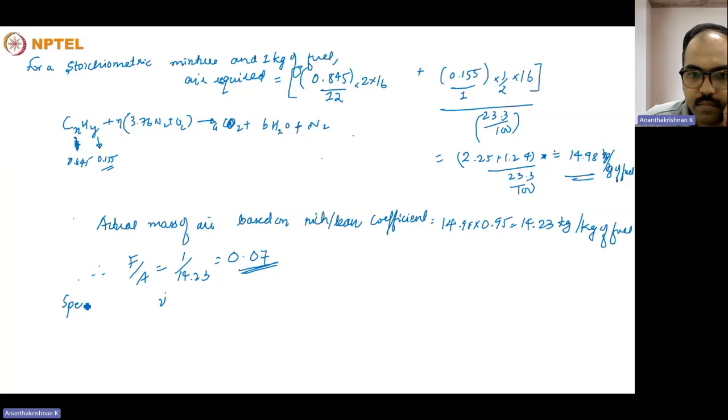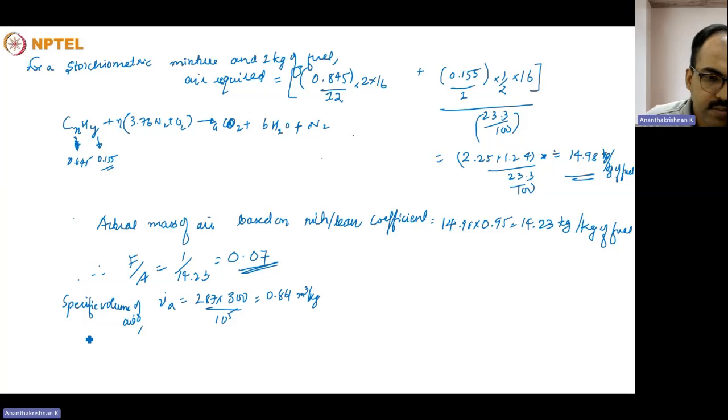So specific volume is RT divided by pressure. With pressure 1 bar, it is equal to 0.861 meter cube per kg, using the ideal gas equation, and similarly for the fuel.